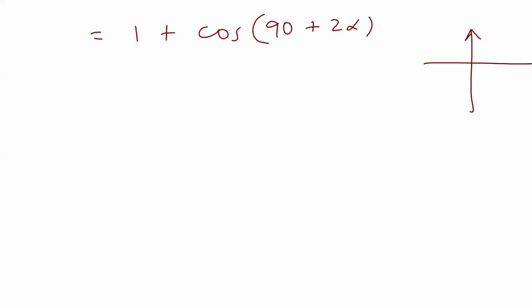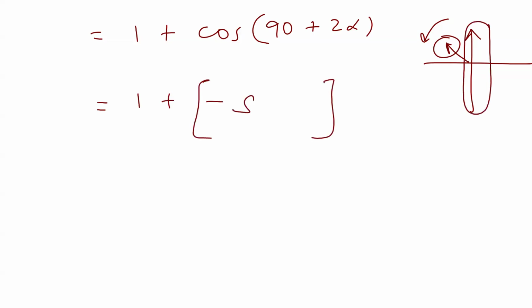So 1 plus cos (90 plus 2 alpha). 90 is on the positive axis, plus is the anti-clockwise direction. In this particular quadrant, your cos is negative. And 90 is on the y-axis, so cos changes to sine. This becomes sine 2 alpha. So this is 1 minus sine 2 alpha.